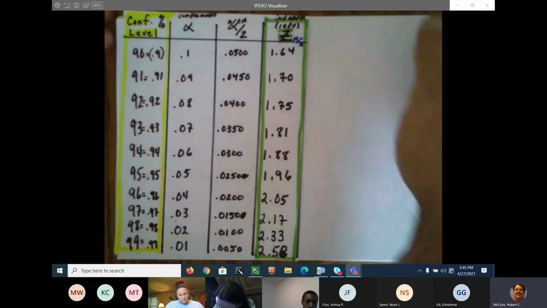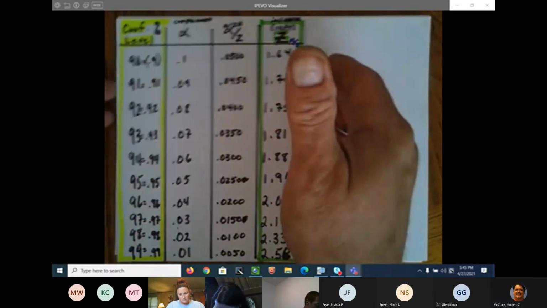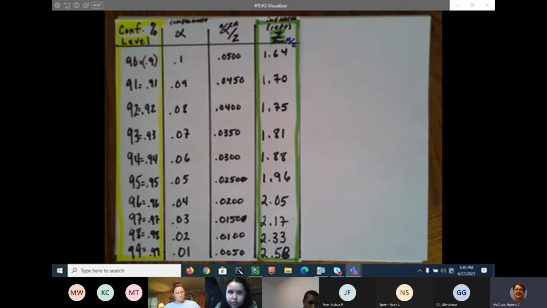This is an index card for you to make. It's got 4 columns. It starts with 90%, 91%, 92%, 93%, goes all the way down to 99.